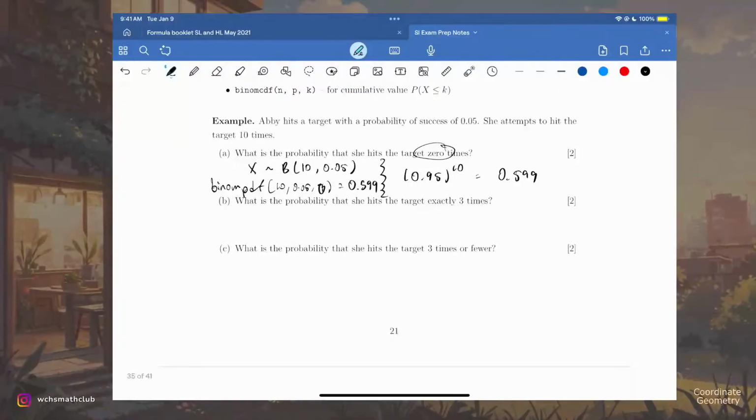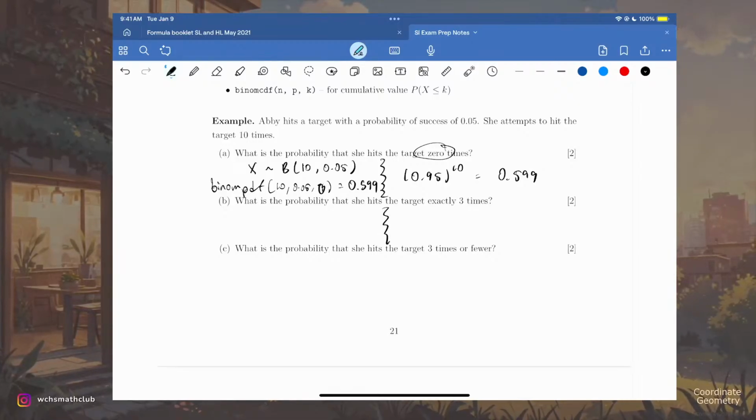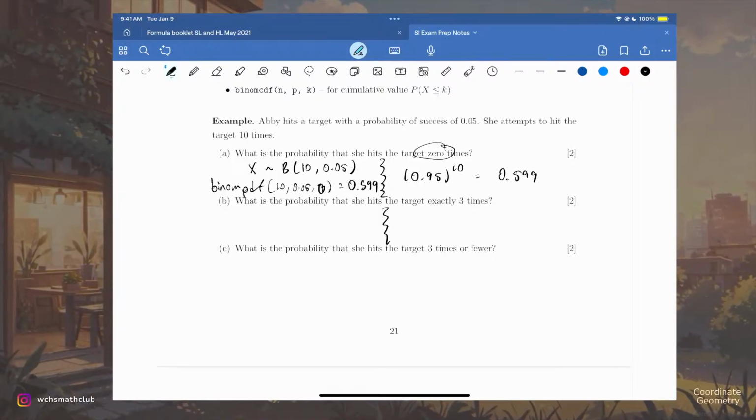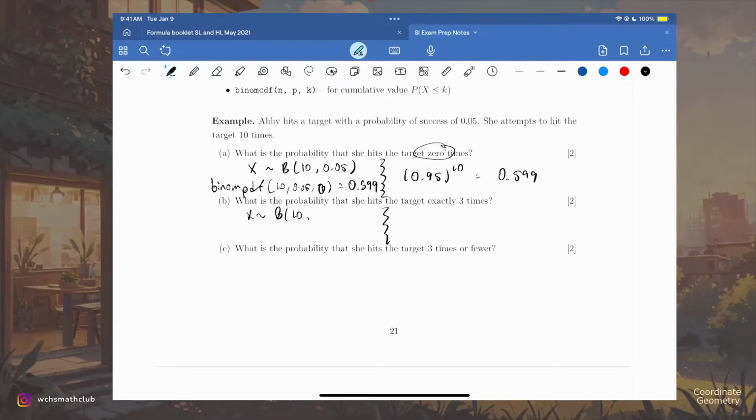Now, what's the probability that she hits the target exactly 3 times? This is a similar thing. Again, there are 2 ways to do it. One is if you wake up on the day of the exam and you completely forget how to do things. If you use your calculator, it's the same thing. It's going to be the binomial distribution of 10 trials, and 0.05 is the chance.